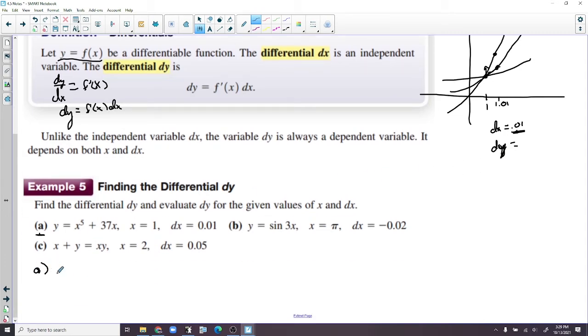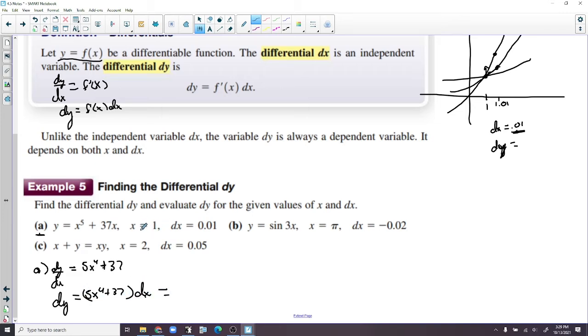So letter A says find the differential dy and evaluate dy for the given values of x and dx. We're going to take the derivative. dy/dx is equal to 5x to the fourth plus 37, and then we'll multiply over dx. So the change in y is equal to 5x^4 plus 37, times dx.